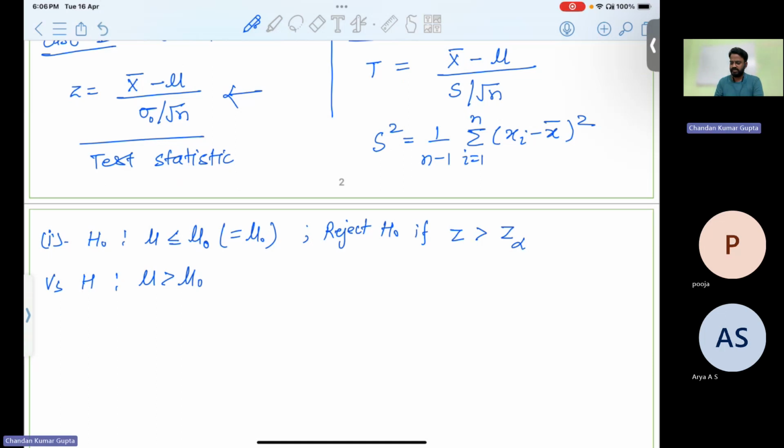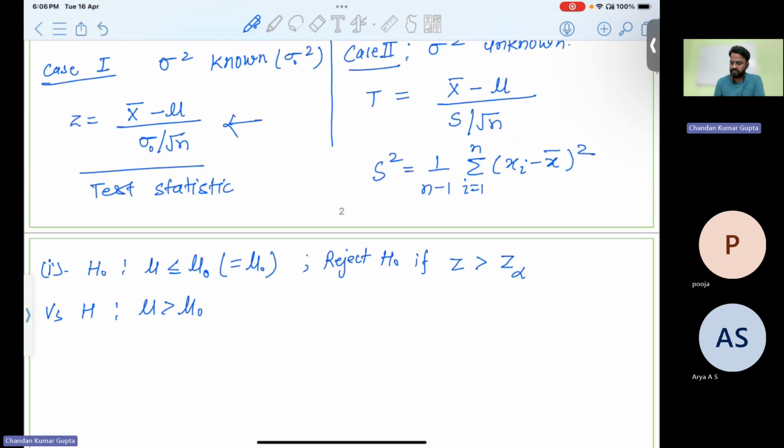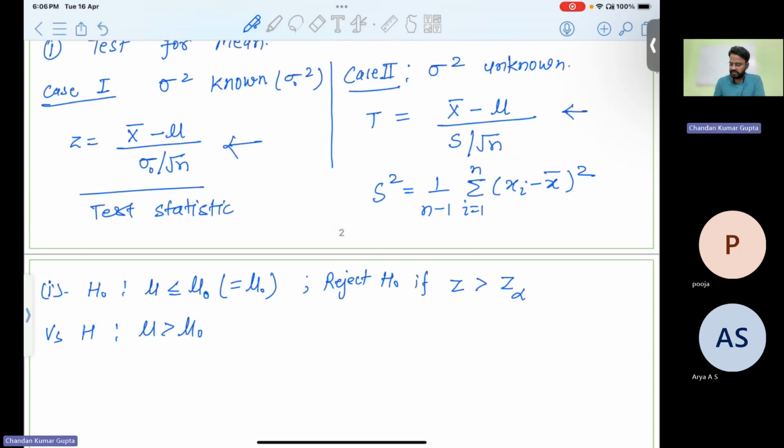Or if sigma square is unknown, in that case T is greater than T n minus 1, alpha. So we use the T or Z table and compare the calculated value from here and here, and check whether this relation holds or not. On the basis of this, we either reject H naught or fail to reject H naught.